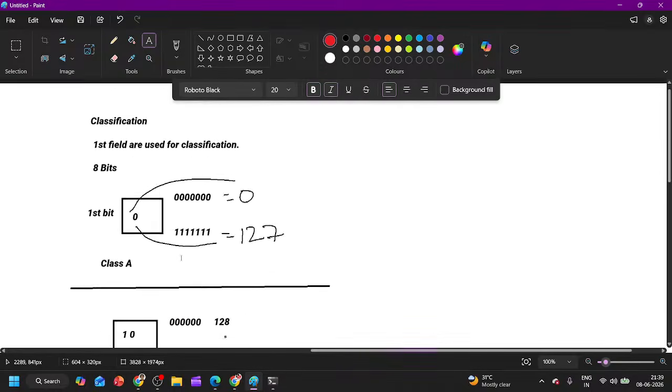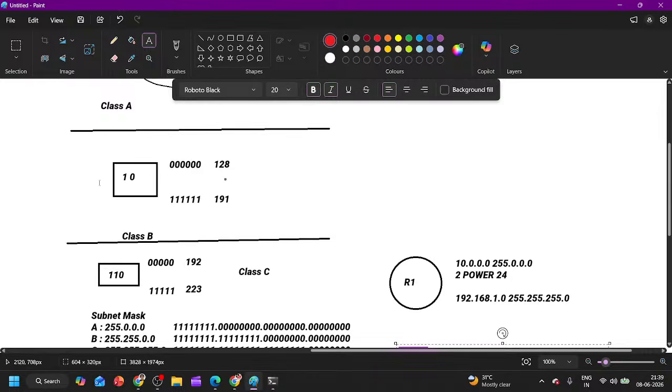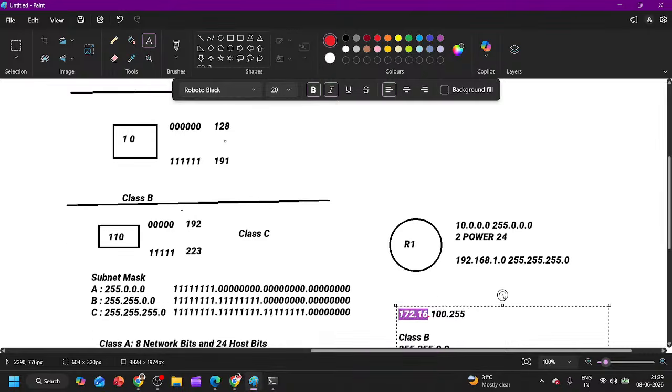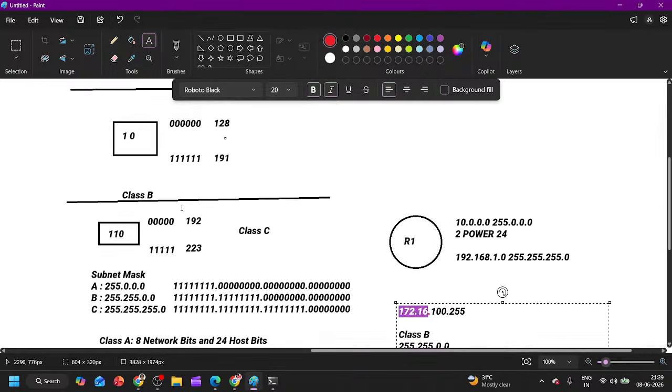You can see the classification for class B. Here these are the bits, from 6 zeros to 6 ones. So my first network can be 128.0.0.0, and the last network is going to be what?